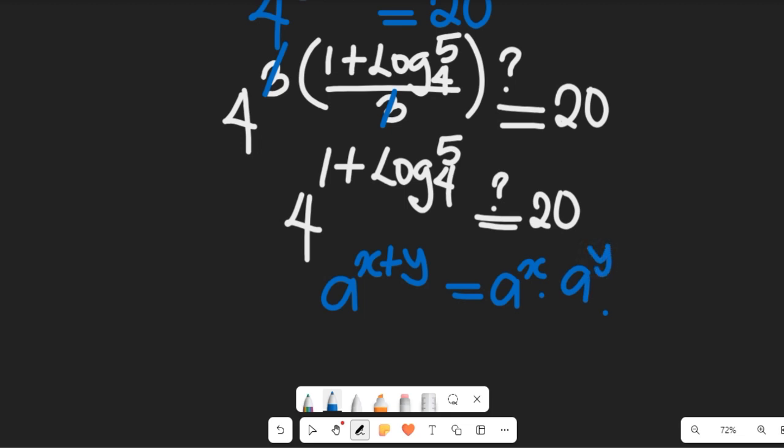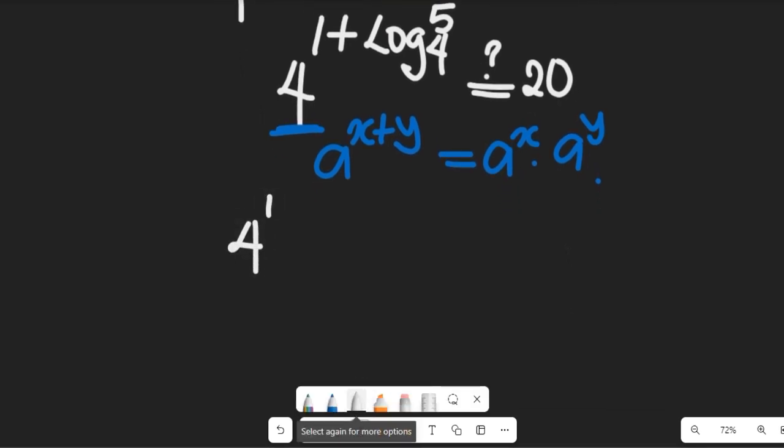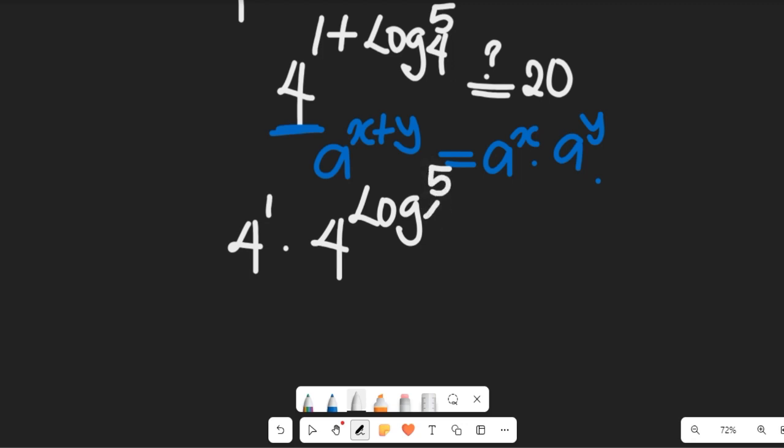So if we apply it to this expression, we're going to have 4 to the power of 1 multiplied by 4 to the power of log of 5 base 4. Is it going to give us 20?